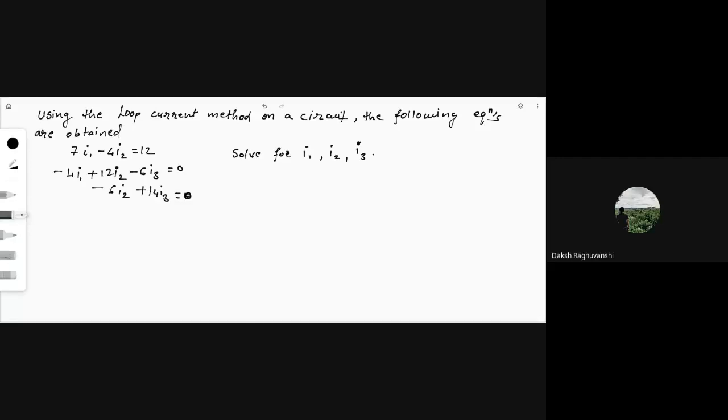Sir, rank of A is equal to rank of augmented matrix is equal to 3. Yes, what are the values?